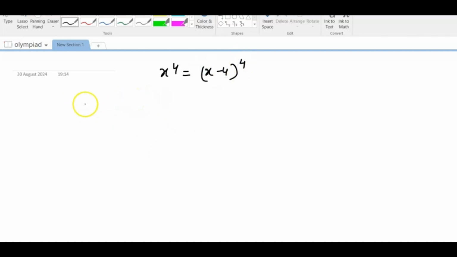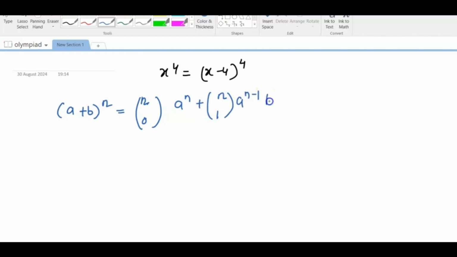And the binomial formula is (a plus b) to the power n is equal to n choose 0 times a to the power n, plus n choose 1 times a to the power n minus 1 times b, plus n choose 2 times a to the power n minus 2 times b square, up to n choose n times b to the power n.